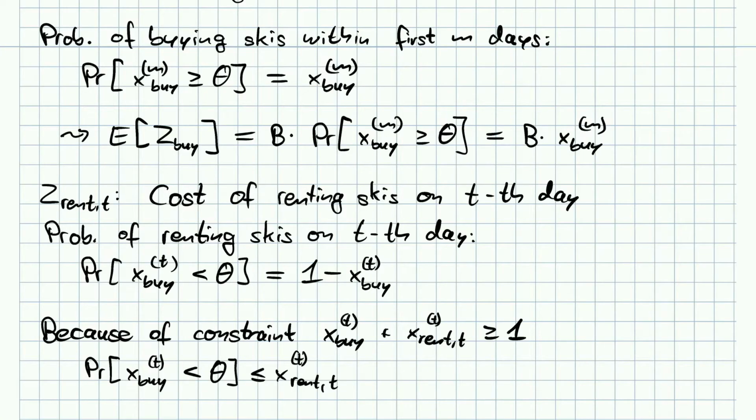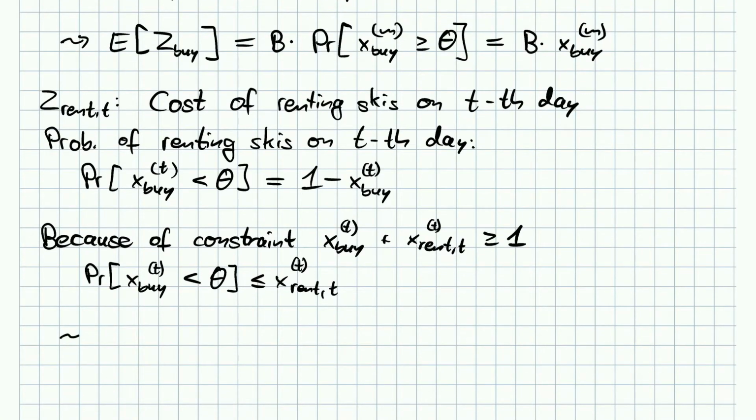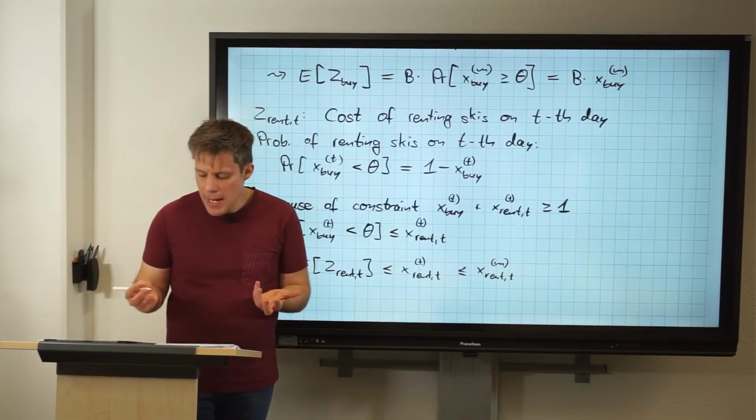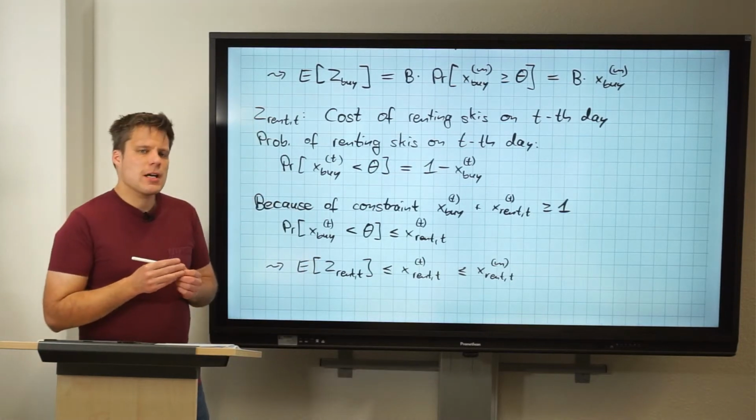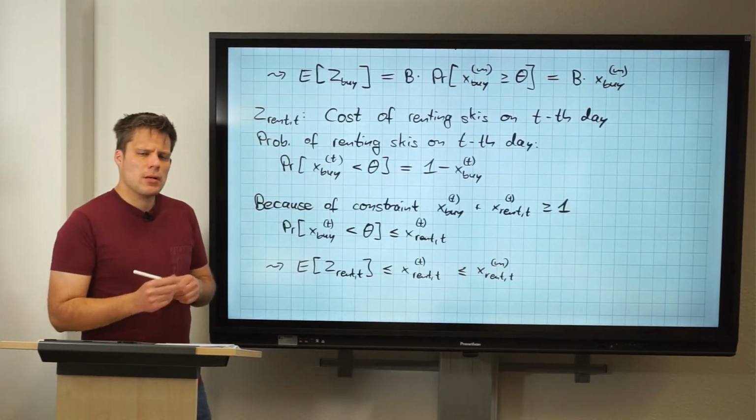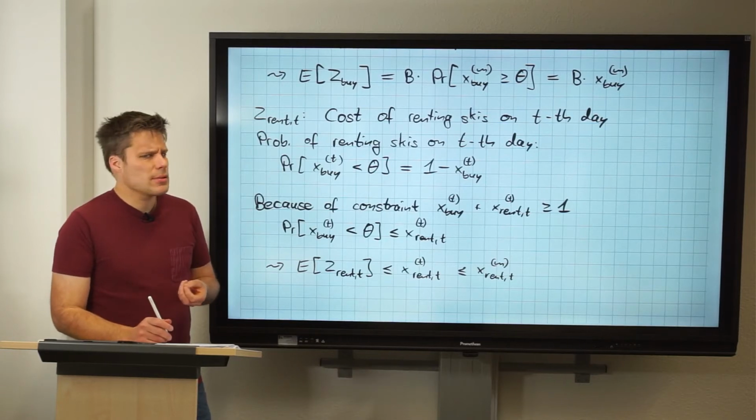So this means now that the expectation of z rent t is no more than x rent t, and this also means that maybe this weird fractional algorithm is even increasing the rent variables later on.